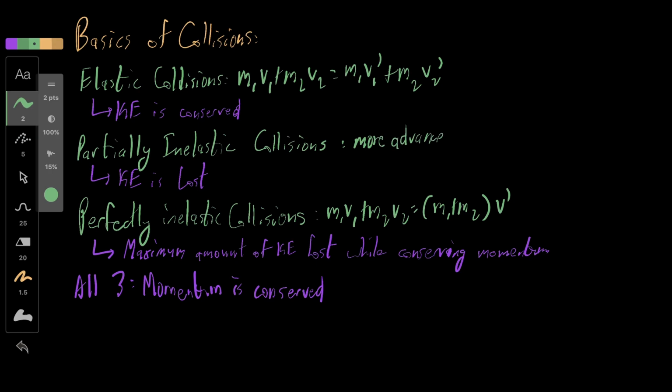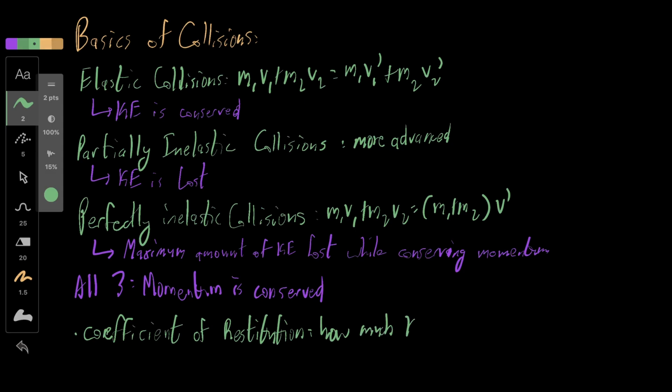Now, for those of you who want to look into it, you can search up something called the coefficient of restitution. Now, this coefficient of restitution determines how much kinetic energy is lost. If you look at those formulas, you'll realize that if this coefficient is equal to 1, it just condenses to perfectly elastic.